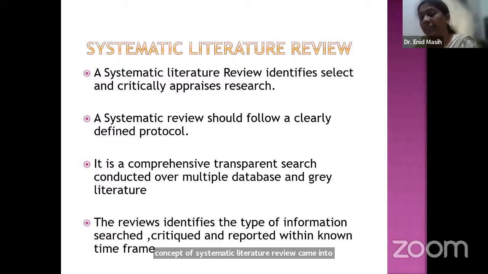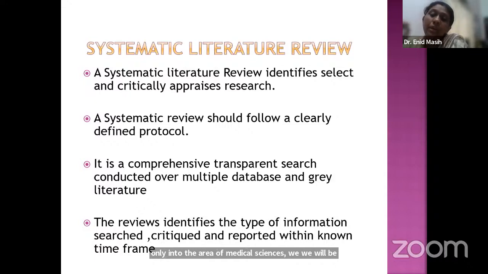And then we can see that in the different areas in which a systematic literature review is coming, definitely the quality of the research is improving. It was just like when people used to believe that only in the area of medical sciences we would be able to use a systematic literature review.